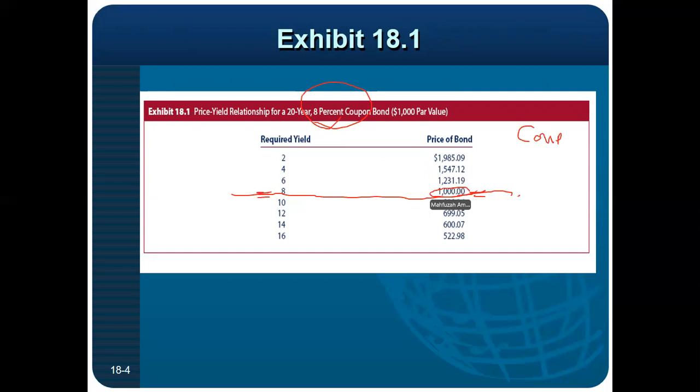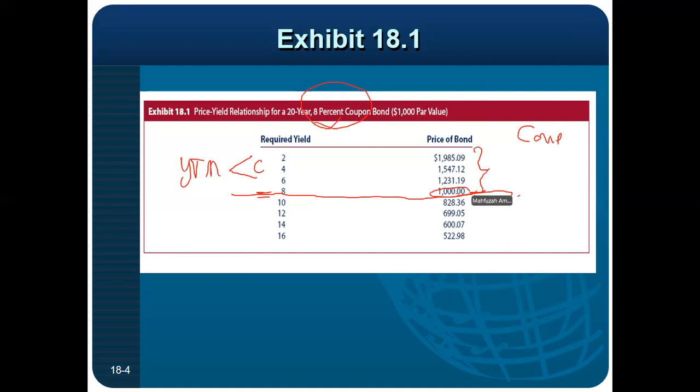If the required rate of return is less than the coupon rate, the price is at a premium.